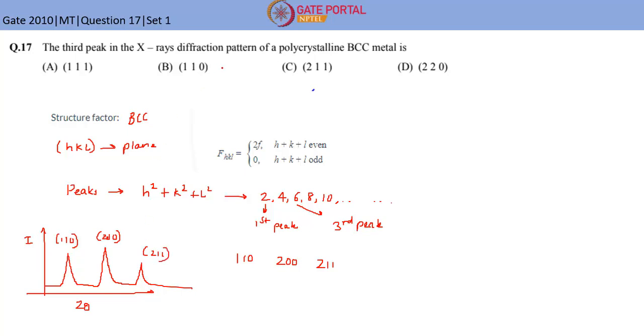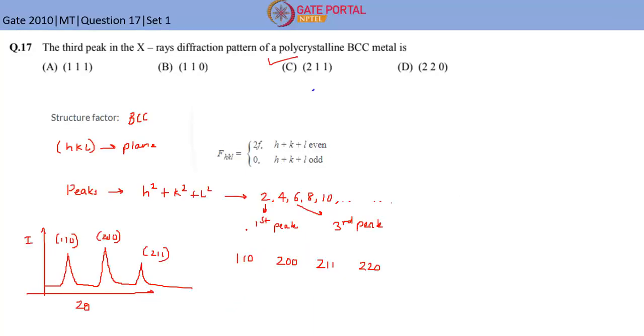So the correct answer for this question is option C. With this you can calculate other peaks also. If the fourth peak is given, then the value is 8, which is basically 220. Like that you can go on checking which peak comes next. Hence the correct answer is option C.